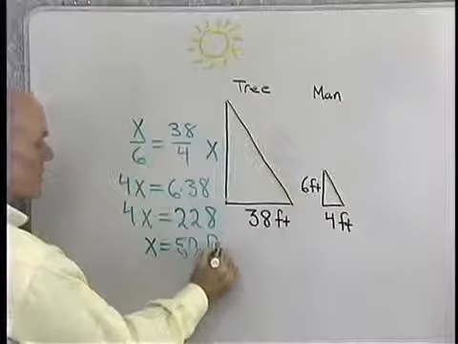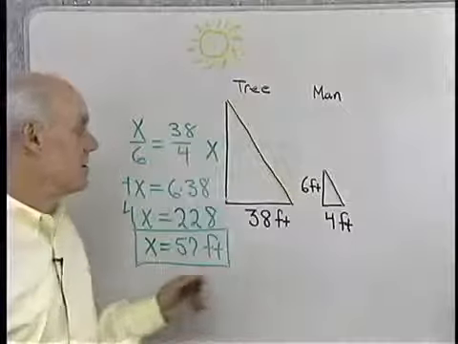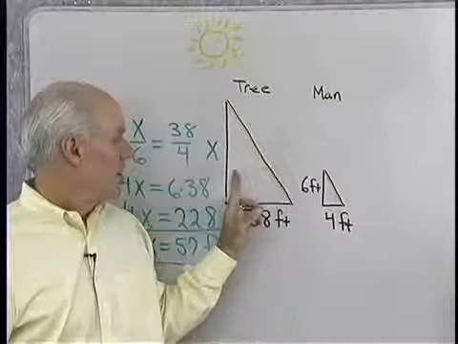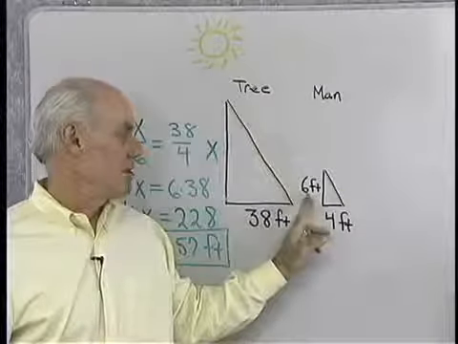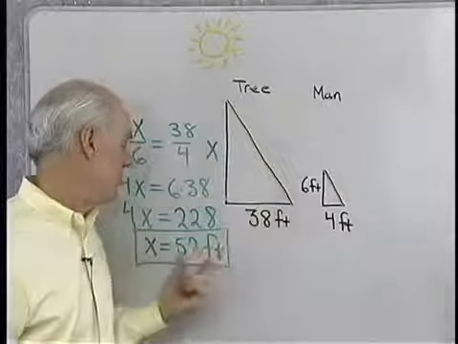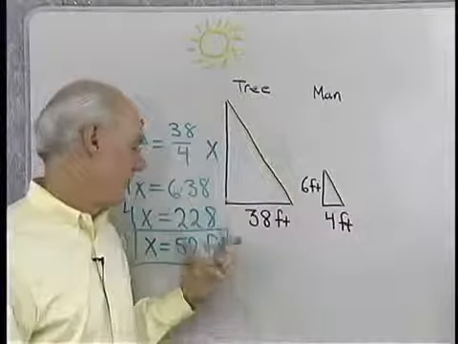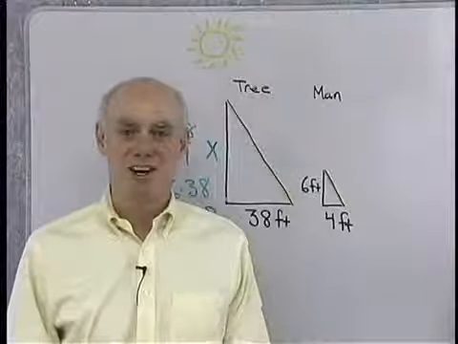I'm going to put my units in here, feet. X is equal to 57 feet. So if a tree casts a shadow 38 feet long at the same time a 6-foot man casts a shadow 4 feet long, then the height of the tree must be equal to 57 feet. And we found this by using our property of similar figures that says corresponding sides are in proportion.